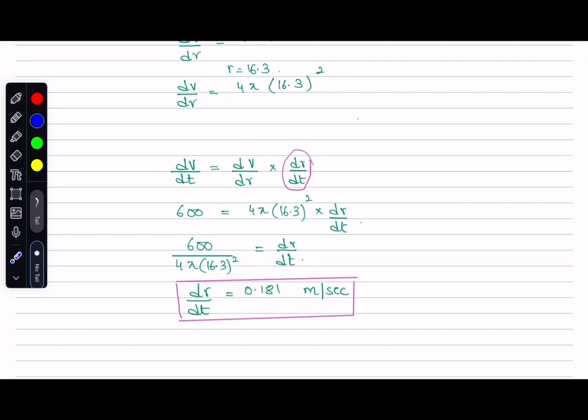Therefore, dr by dt shall be equal to 600 divided by 4 pi 16.3 the whole square, and dr by dt is 0.181 centimeters per second. So this is how this question needs to be solved.